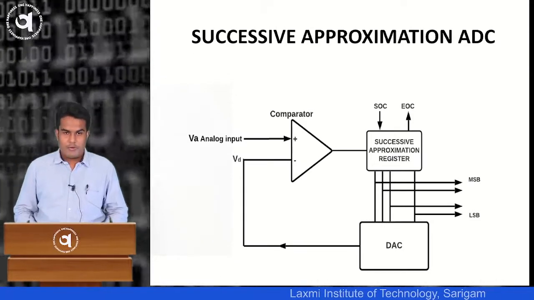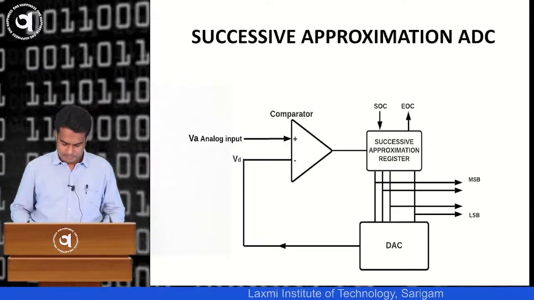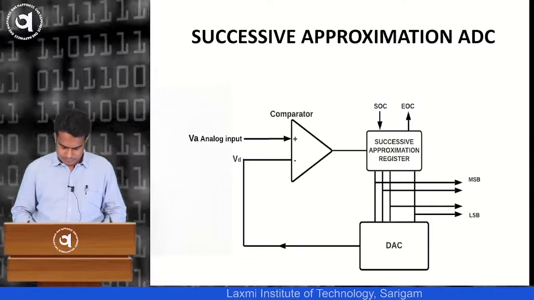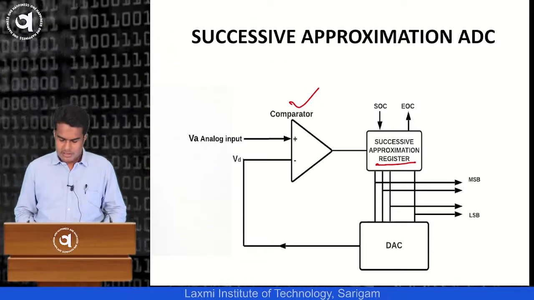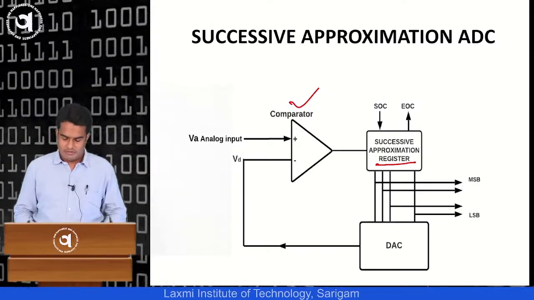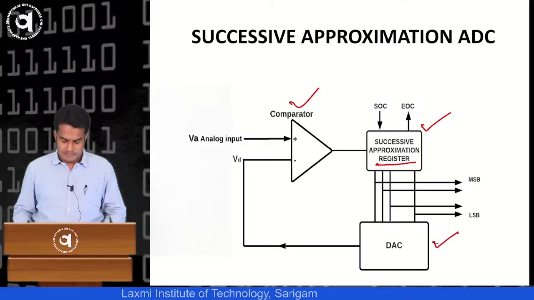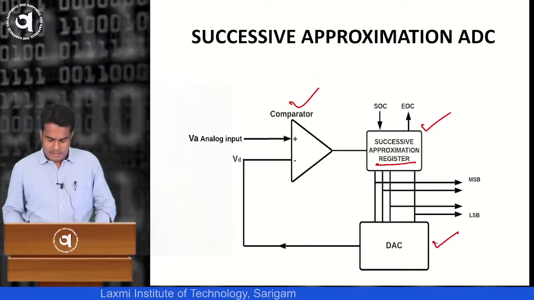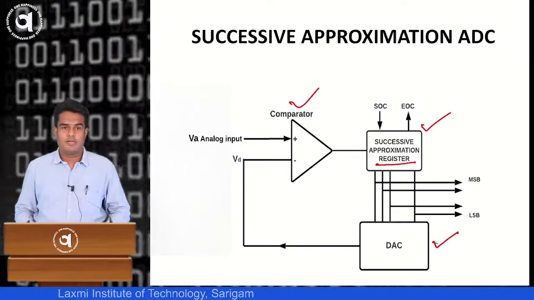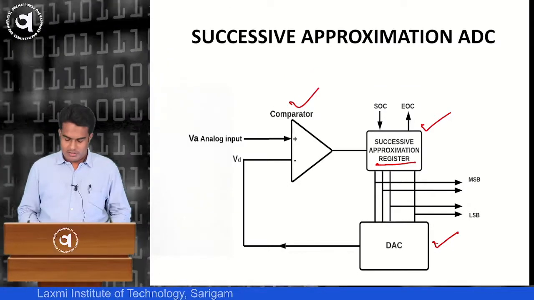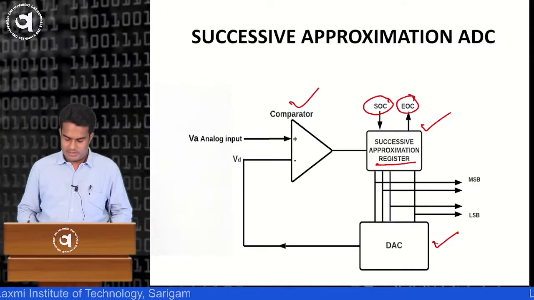The major components of a successive approximation type ADC are a comparator, a successive approximation register instead of a simple register, a digital to analog converter, and for operating the successive approximation register, we need a start of conversion signal and an end of conversion signal.